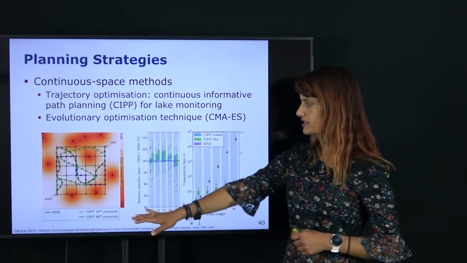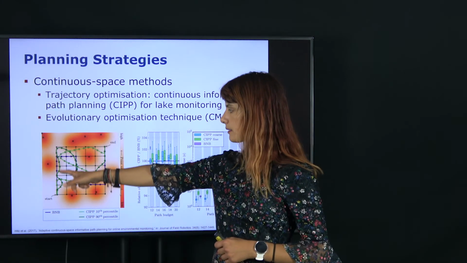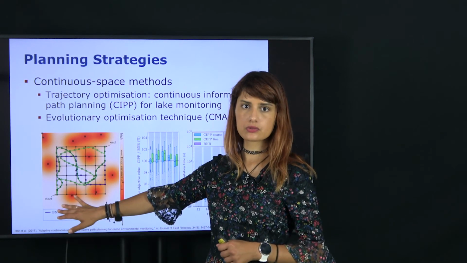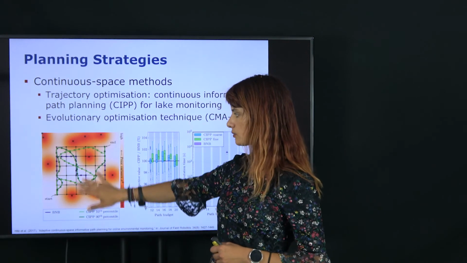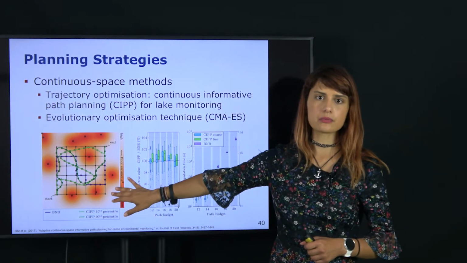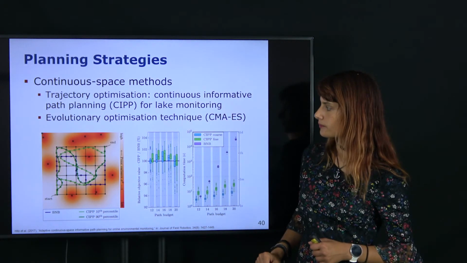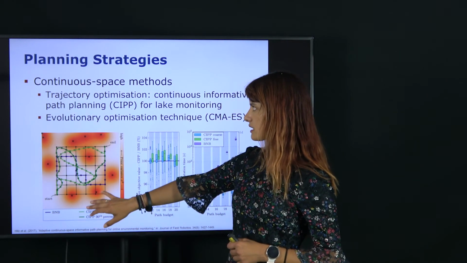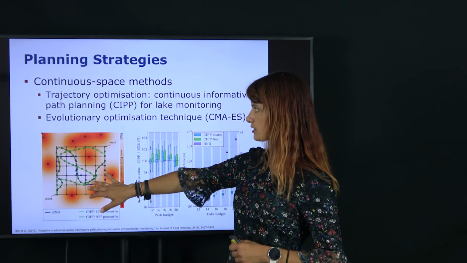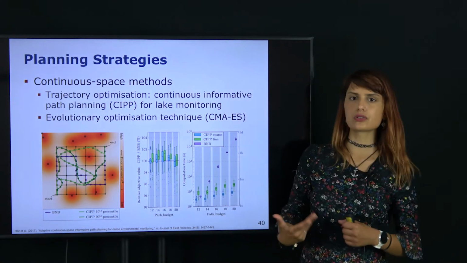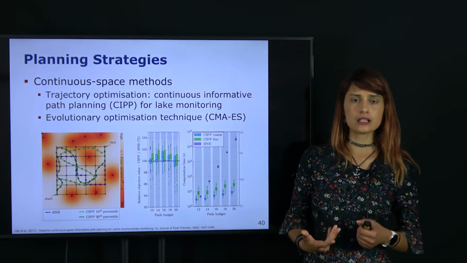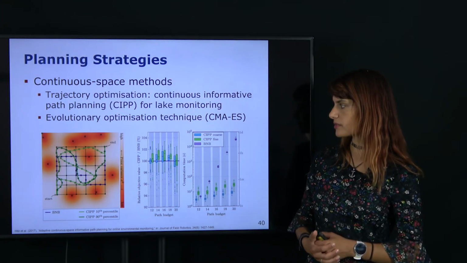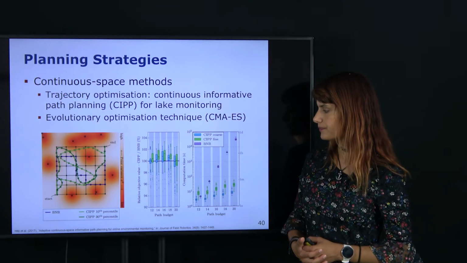We see in purple a path that was created by the branch and bound algorithm to collect information in the 2D spatial field modeled by a Gaussian process. And in green, we see the continuous path planning strategy that's based on using an evolutionary optimization technique to evaluate the utility of potential measurement points along this trajectory.